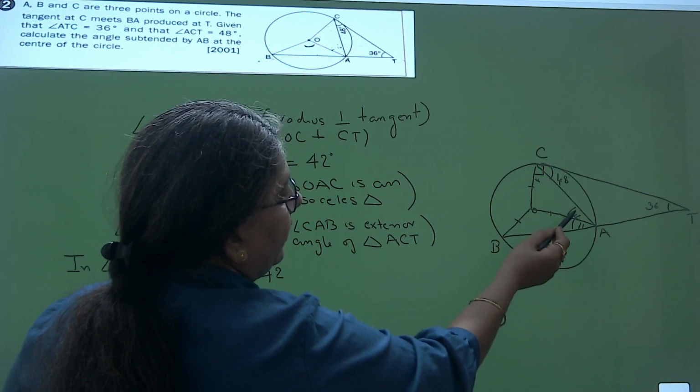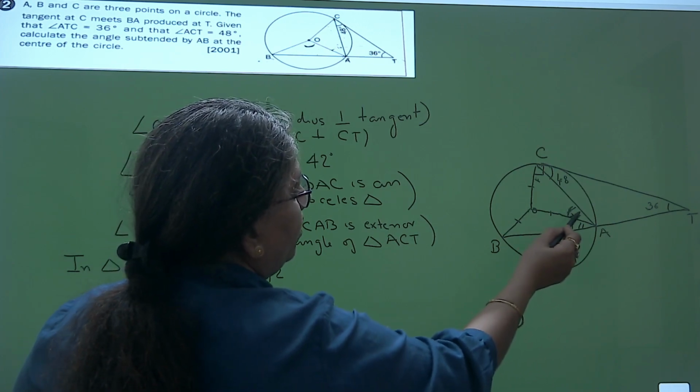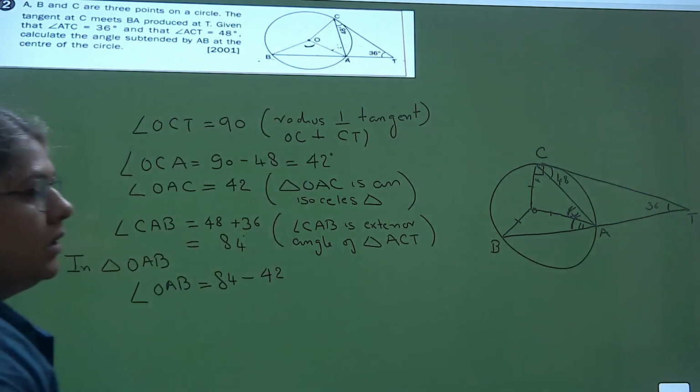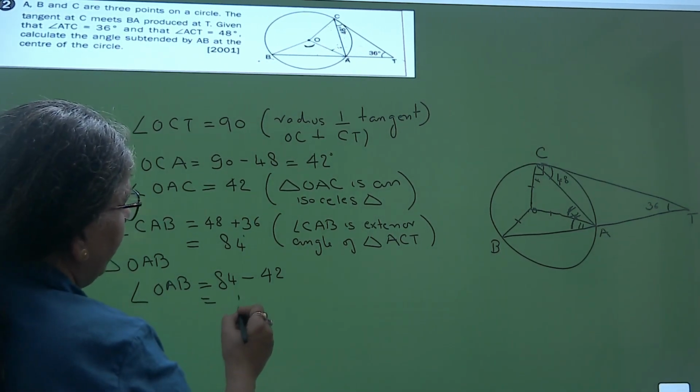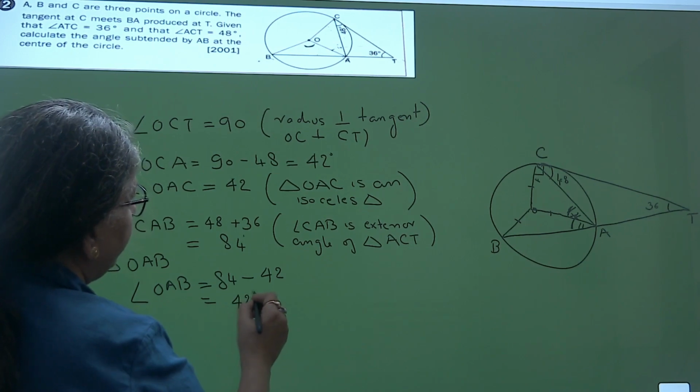So this much angle was 42 and this whole was 84. By subtracting we get again 42 degrees.